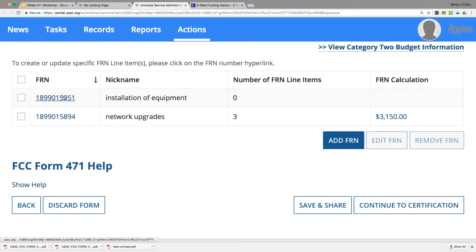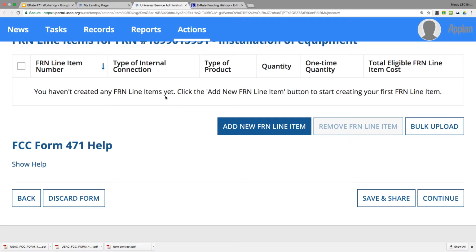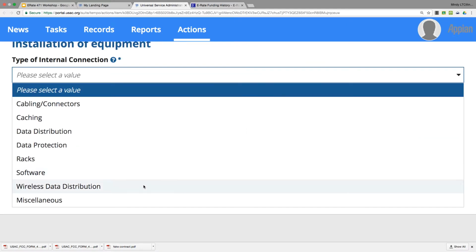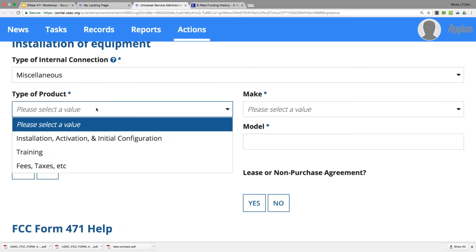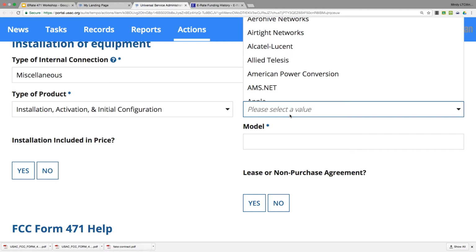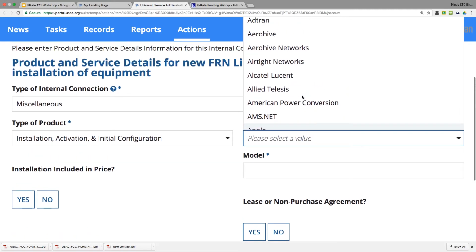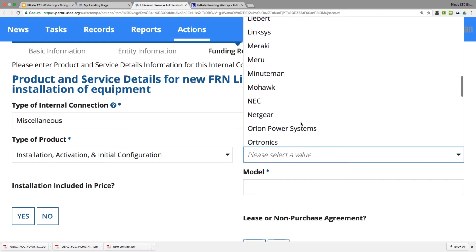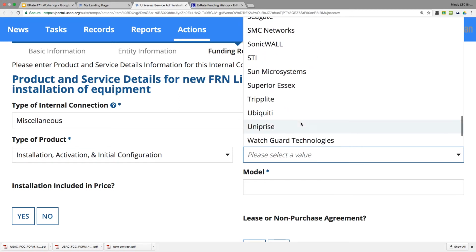I do have to add the line item details and say how much that's going to cost me. I'm going to do a new line item, and this time I'm going to choose miscellaneous. And under miscellaneous, I'm going to say installation, activation, and configuration. This is a special case. It does ask me for my model numbers, etc. So I'm going to go ahead and say Ubiquiti because that was most of it. I can't pick two.